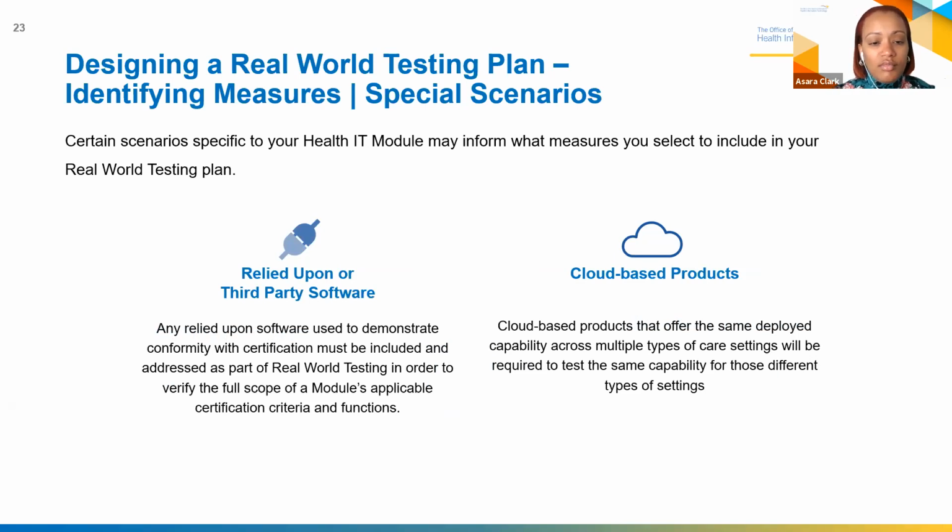And so when you use third-party software to demonstrate conformity with certification criteria, you have to keep in mind that the certification decision for your health IT module was made based upon your use of these additional capabilities that come through a third-party software.